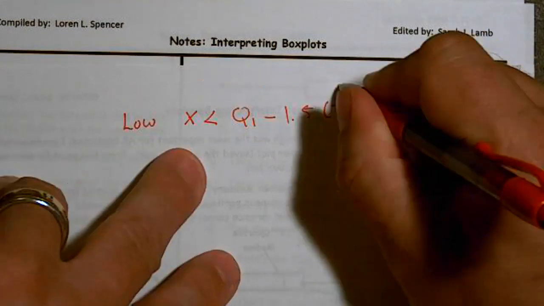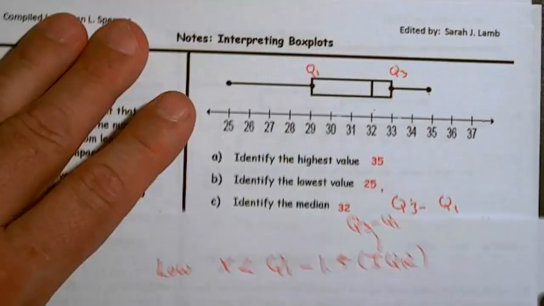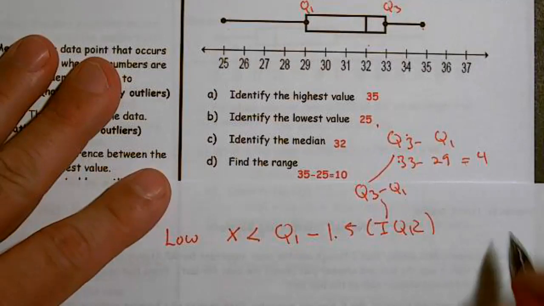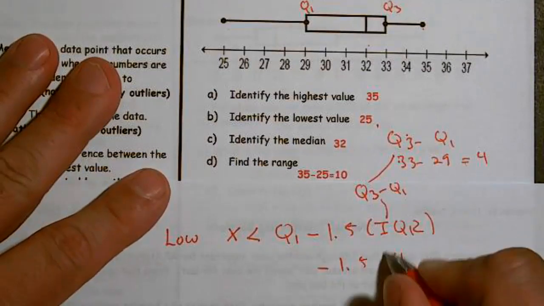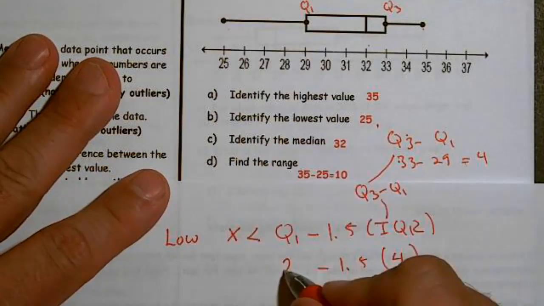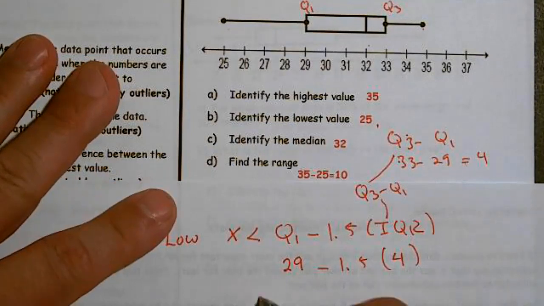And remember, IQR is just Q3 minus Q1. Well, we previously calculated the IQR and said that it was 4. So it's 1.5 times 4, and we said our Q1 was 29. So X has to be less than 29 minus 6. So X has to be less than 23.